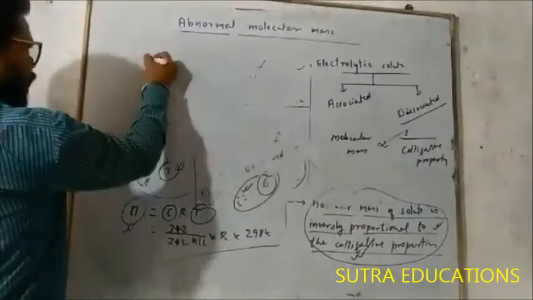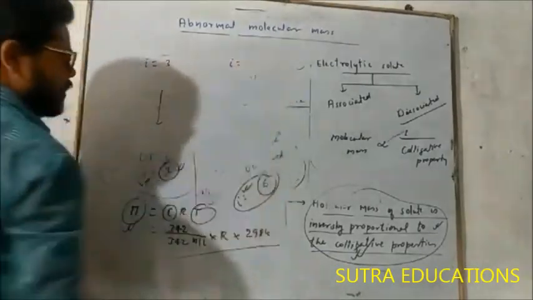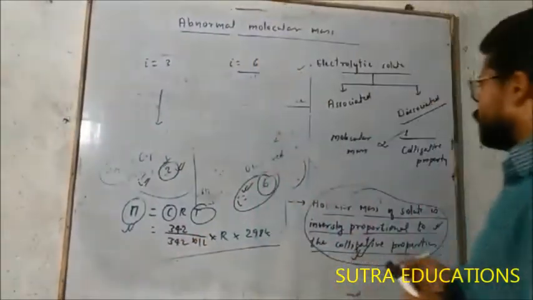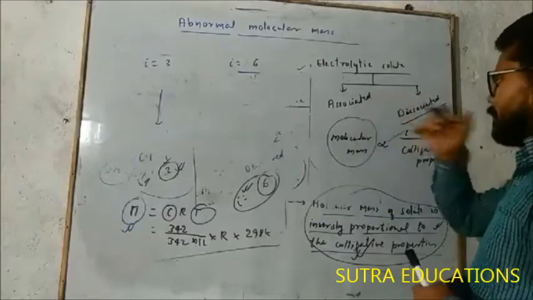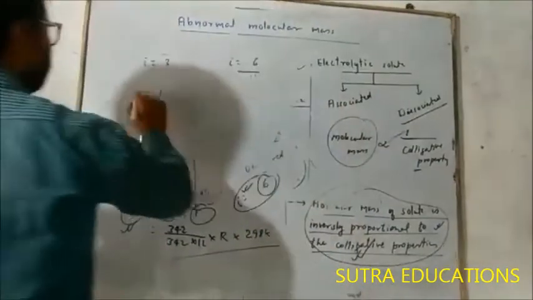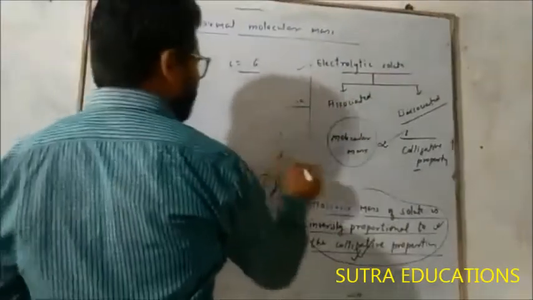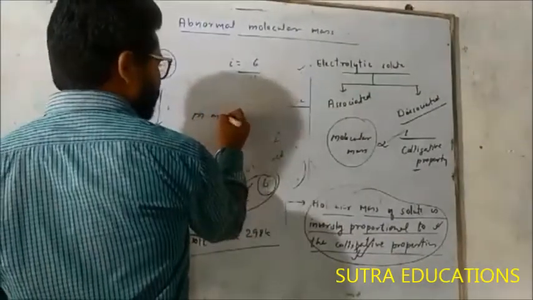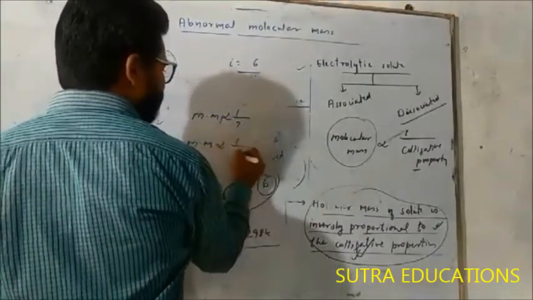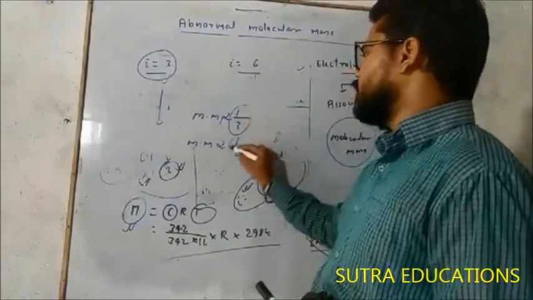In one case the colligative property, or Van 't Hoff factor we can say, is equal to 3, and in the other case it is equal to 6. Since molecular mass and colligative property are inversely proportional to each other, in the first case molecular mass is directly proportional to 1 by 3, and in the second case it is proportional to 1 by 6.